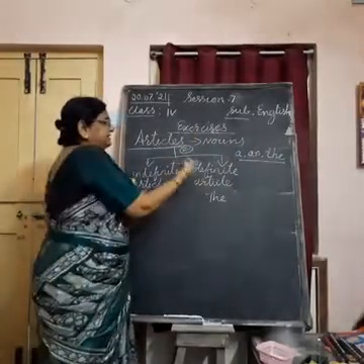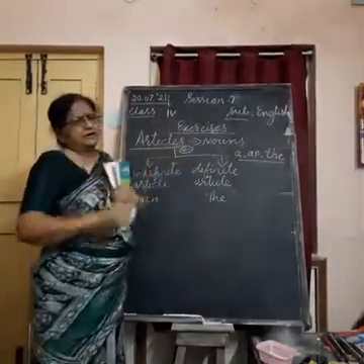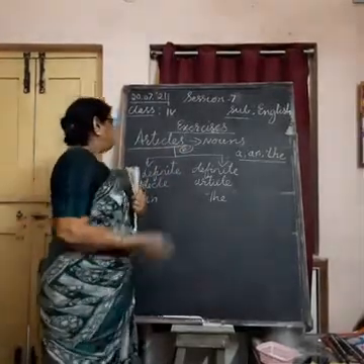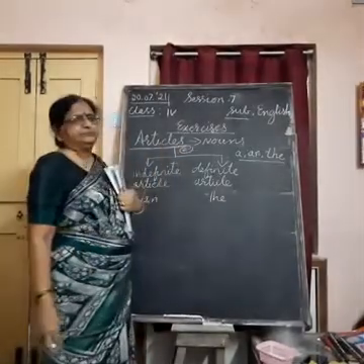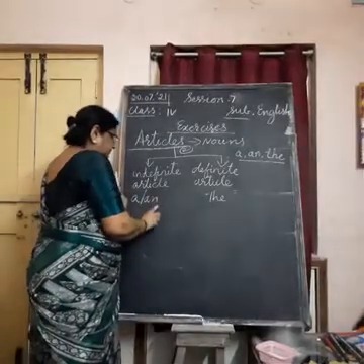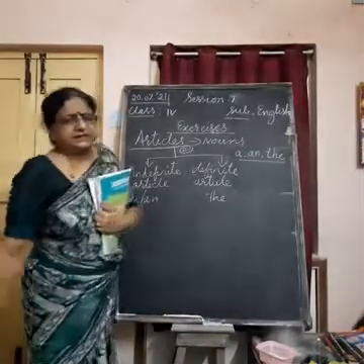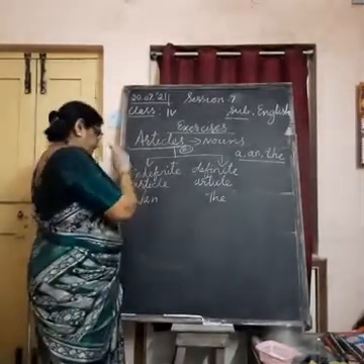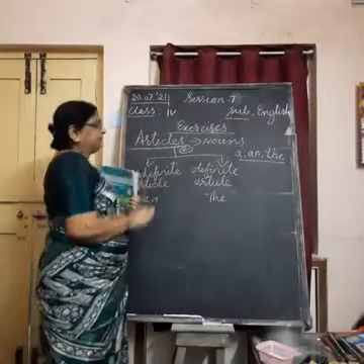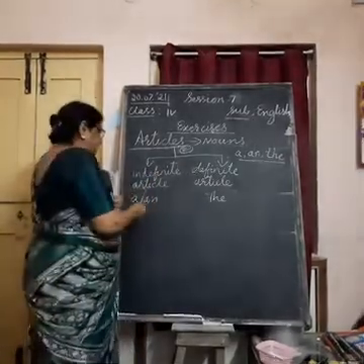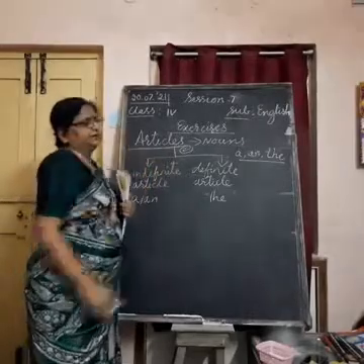Understand? These three, a, an and the, are divided into two types. A and an are one type, the is the other type. So, what are the two types of articles? Indefinite articles and definite articles.